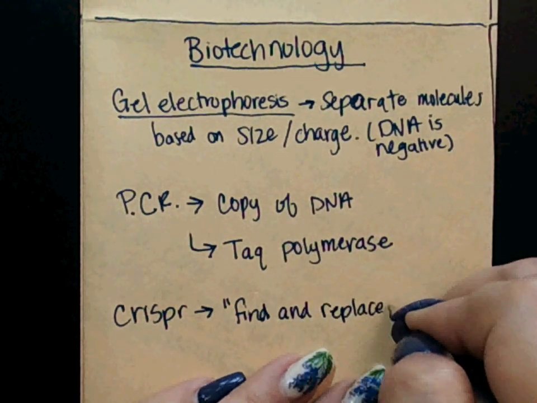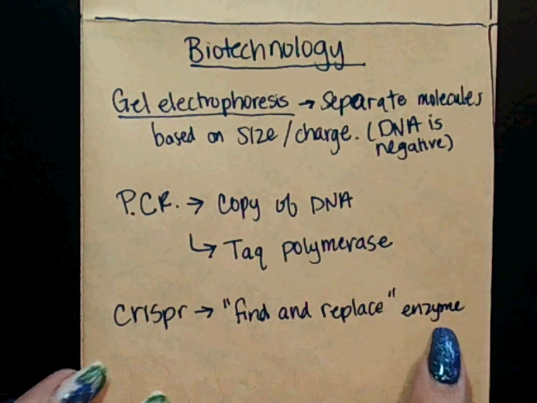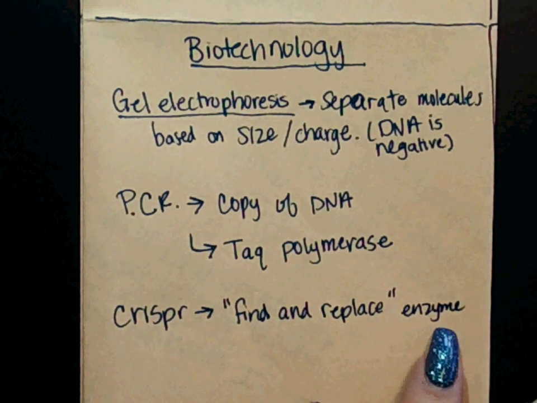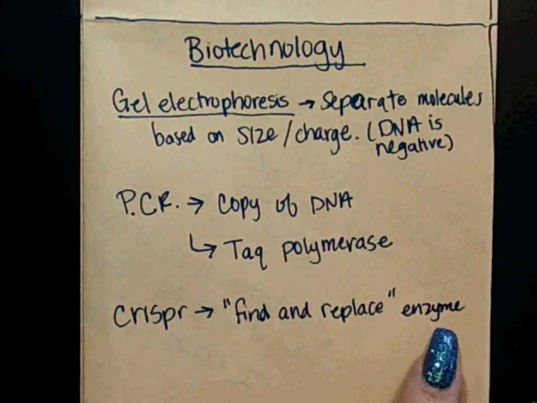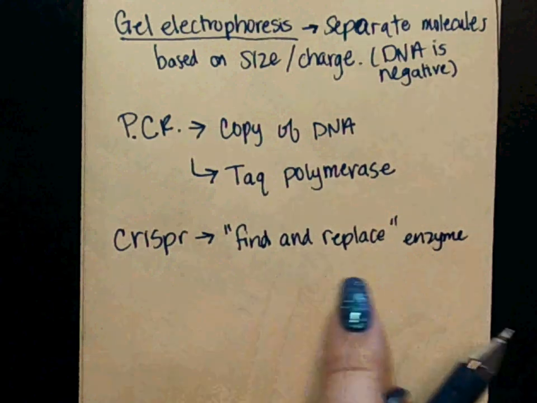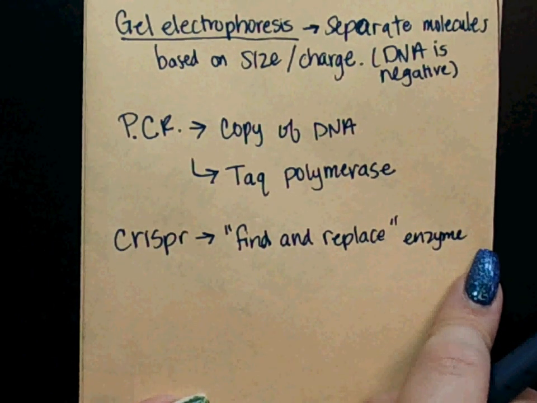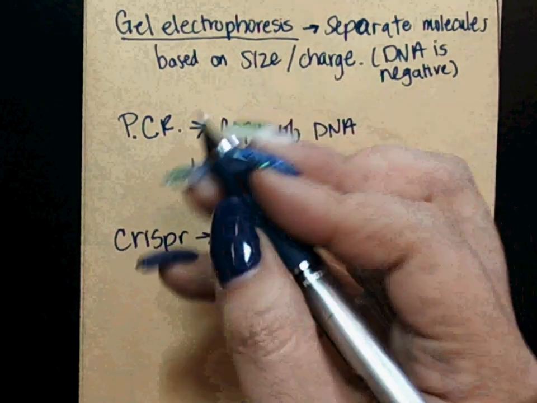Thanks to these enzymes, you can find specific sections of DNA, cut them out, and replace them with other pieces. So in the future, this might have some therapeutic value in helping people with genetic disorders.